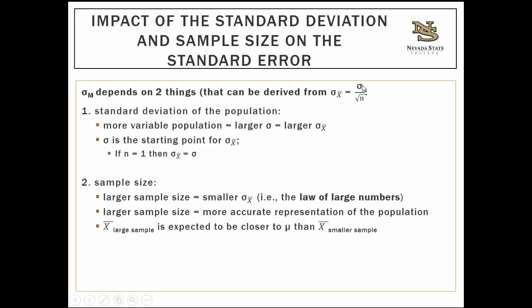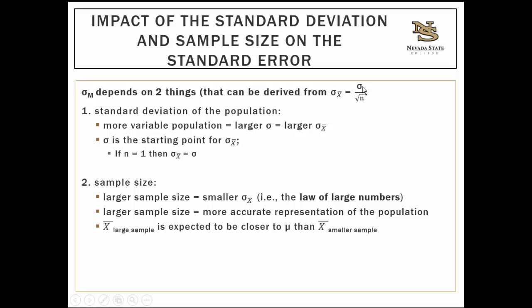So think about it. Let's say that the standard deviation is 10, and we want to know the standard error if our sample size was 100. Well, 10 divided by the square root of 100, which is 10, would be 1. Now let's say that we take that sample size down a little bit, and our sample size is 25.